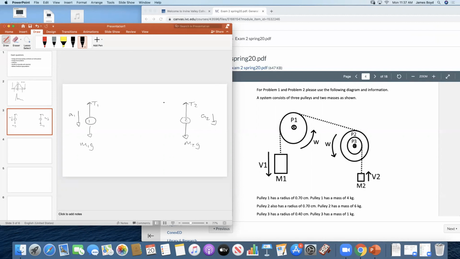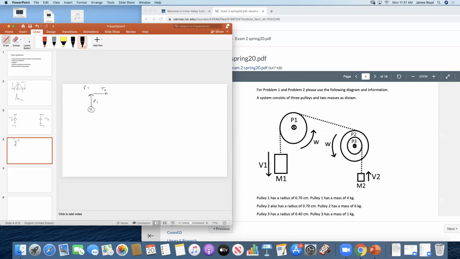Now, we have two pulleys here, and we're going to need to do torque diagrams on each one. And a torque diagram is similar to a free body diagram in that you draw the axis of rotation. So this is for number 1, we see that at R1, we have some tension that goes to the second pulley.